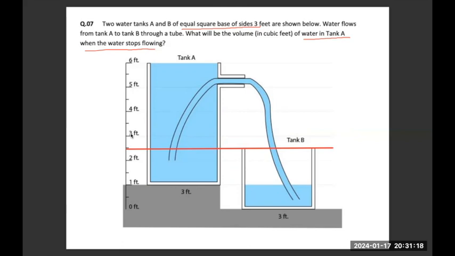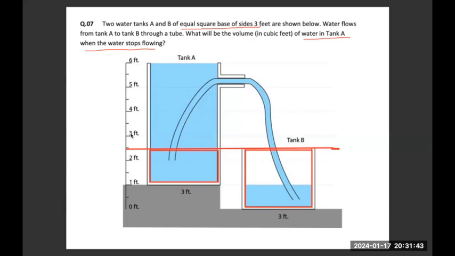What it means is tank B will have only this much volume of water, and tank A will have only this much volume of water, and tank B will have completely filled volume of water like this. Until we reach this equilibrium point, the water will keep on overflowing in tank B until that level is established.